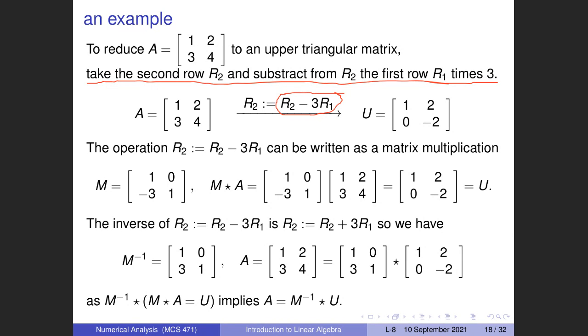But now notice that you can rewrite this operation as a matrix multiplication. We have the matrix, which is now lower triangular, and has the multiplier on its lower diagonal.